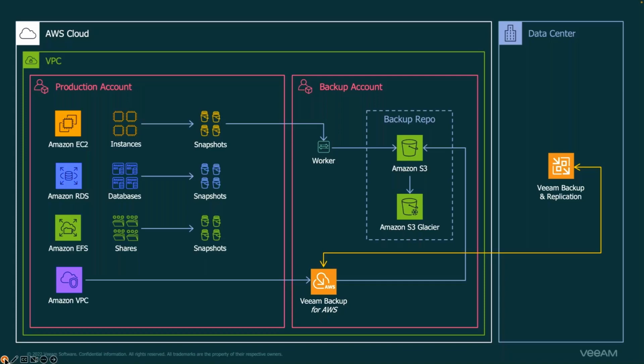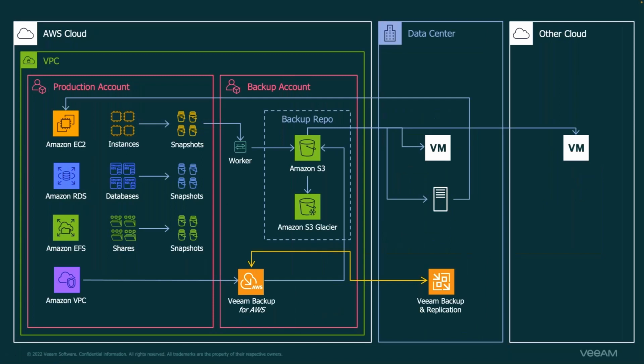In the typical scenario, your Veeam Backup and Replication should be deployed in your data center or on-prem. So using that capability of integration, we give our customers or users the capability to perform data recovery, such as your EC2 instance, back to the data center as a virtual machine, such as VMware VM, or Hyper-V VM, or even AHV VM.